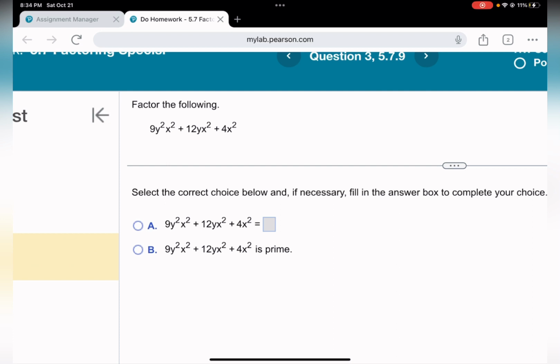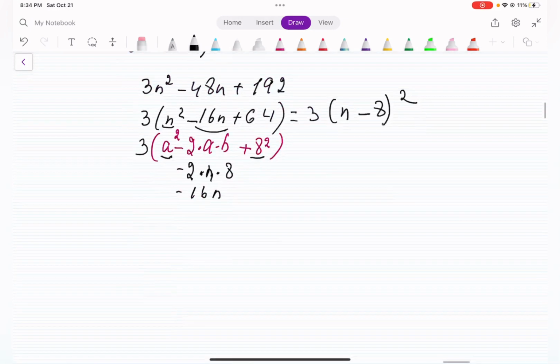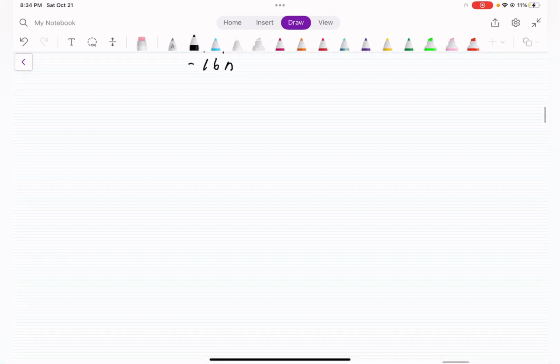Okay, I was writing down, so let me put it down now. 9y squared x squared plus 12yx squared plus 4x squared.